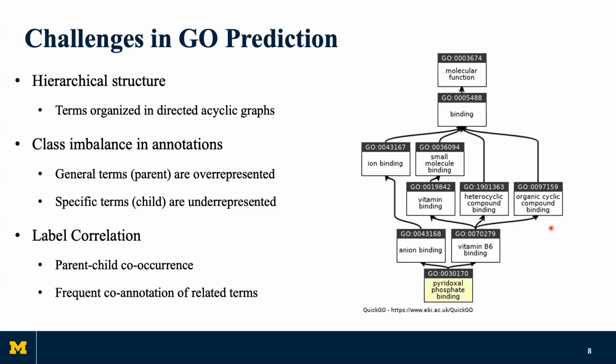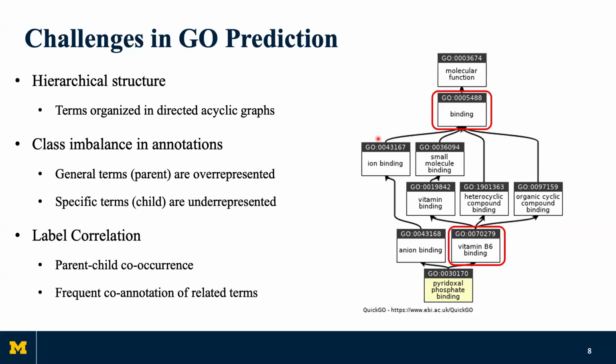First, as we discussed before, the GO has a hierarchical structure, which means the terms are connected by an is-a relationship, forming a directed acyclic graph, as shown right here.